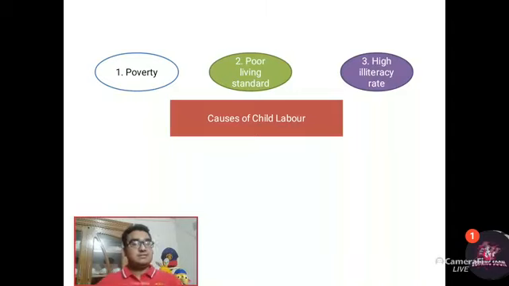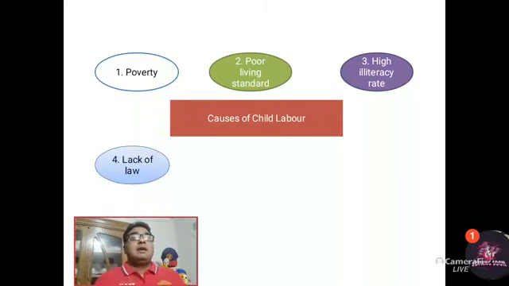Then high illiteracy rate. This is one of the causes of child labor, and most of the parents, especially in rural areas, are not aware of the bad effects of child labor. So they send their children to work for earning money for their family. And number four, lack of law.